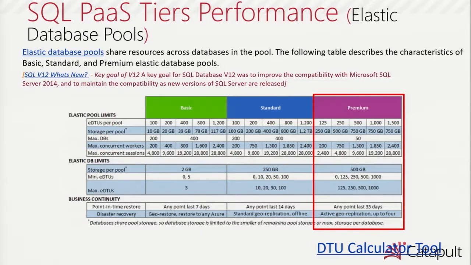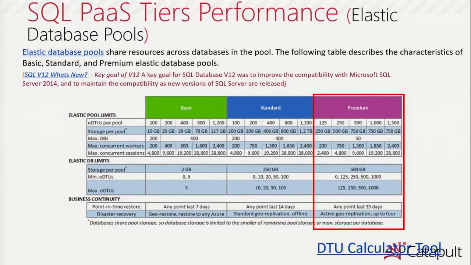Here's the elastic database pools, similar thing. What do you need to deploy in order to get that pool size? So the eDTUs, right? This is basically the CPU memory combined into a DTU unit. If you go with the biggest premium PaaS offering, you're going to get 1,500 DTUs, maximum storage 750 gig per pool.